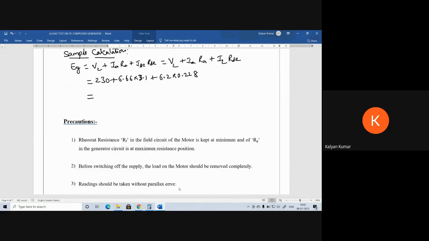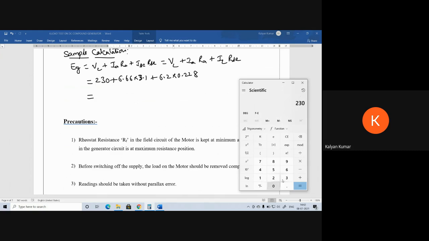So we get 230 plus 6.66 into 3.1 plus 6.2 into 0.228, which is 252.05.